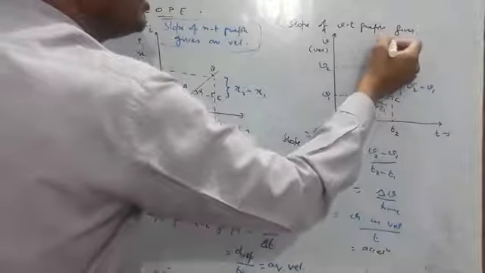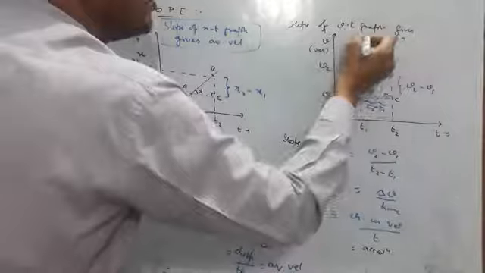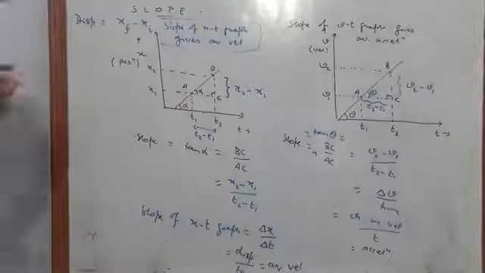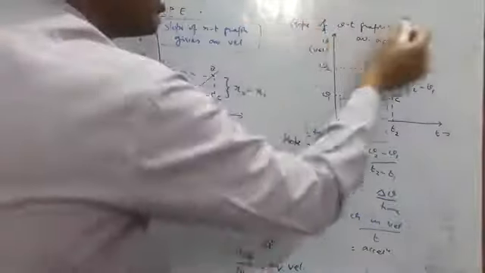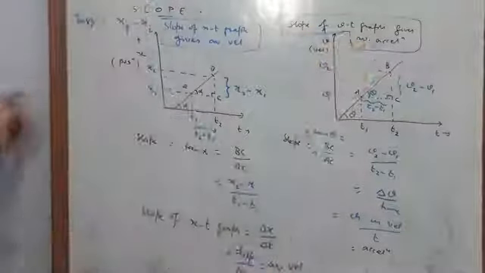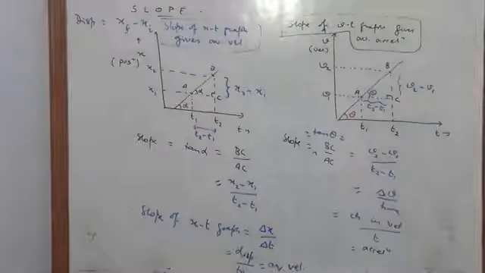Gives acceleration. You can add the word average also. So these two are the important things that you should remember. First one, slope of xt graph gives average velocity, and second one, slope of velocity time graph gives average acceleration. Okay.